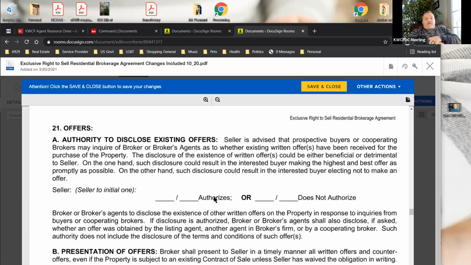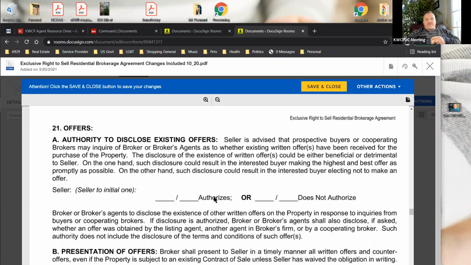All right, paragraph 21, offers and authority to disclose the existing offers. Seller is advised that the prospective buyers or cooperating brokers may inquire of broker or broker's agents as to whether existing written offers have been received for the purchase of the property. The disclosure of the existence of written offers could be either beneficial or detrimental to the seller.